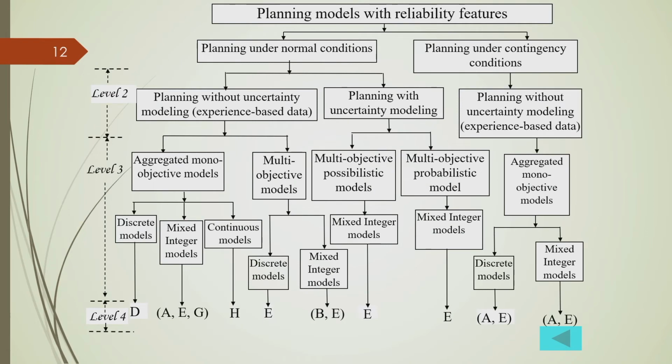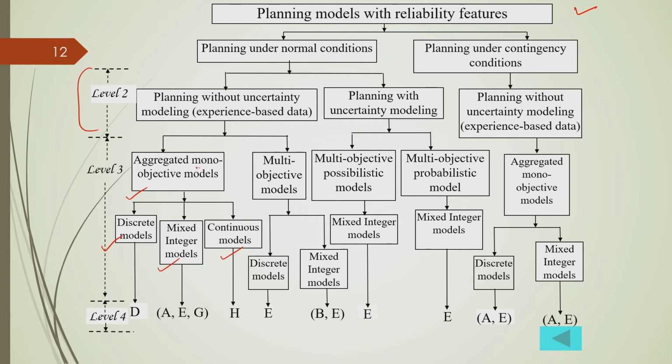Similarly, this is the other category I already mentioned, planning models with reliability features, under which we have the level 2 classification based upon how uncertainty is modeled in the data, and also the level 3 classification based upon mono objective and multi objective optimization, and the nature of the decision variables, whether discrete, continuous or mixed integer variables. So, based upon that we have discrete models, mixed integer, and continuous models.